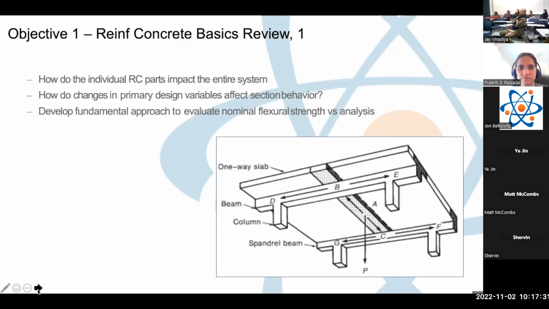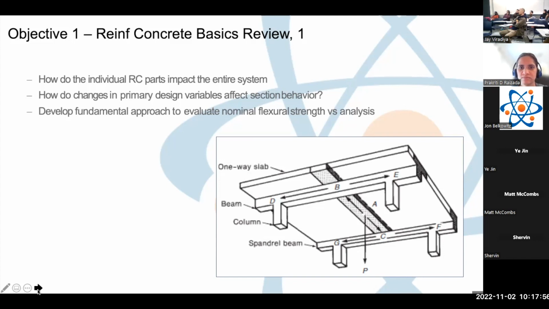So what I want you to also ask, you've already asked, is how do the individual reinforced concrete parts make up the entire system? Like a rain load on a house or on a roof, when we have a jetty, a wharf, a bridge deck, or a bridge, the main load sits on top of the deck.